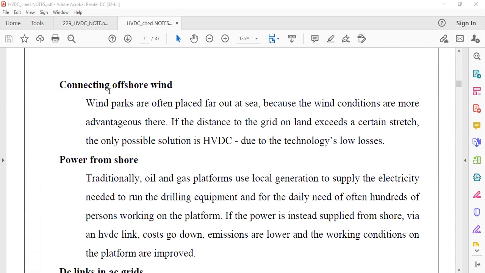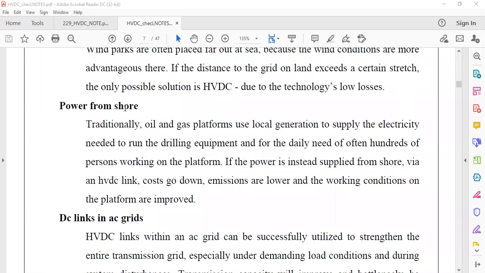And coming to the next one, connecting offshore wind. Wind parks are often placed far out at sea, because wind conditions are more advantageous there. If the distance to the grid on land exceeds a certain length, the only possible solution is HVDC, because of low losses, right?